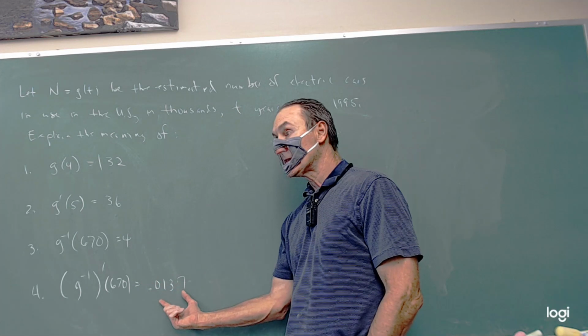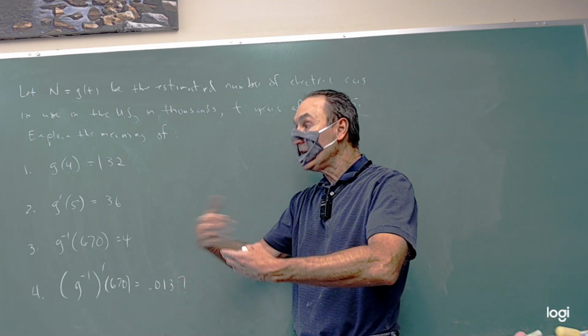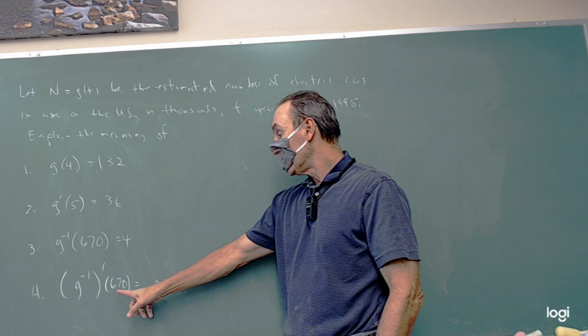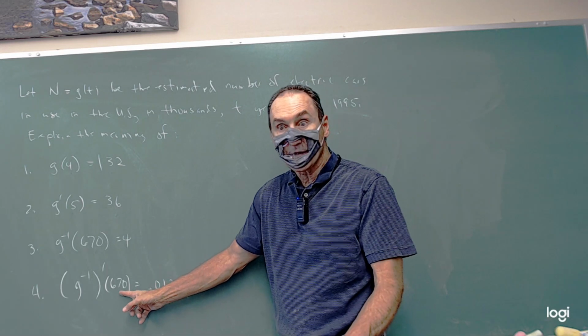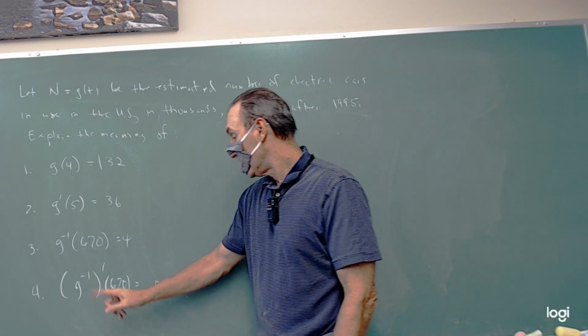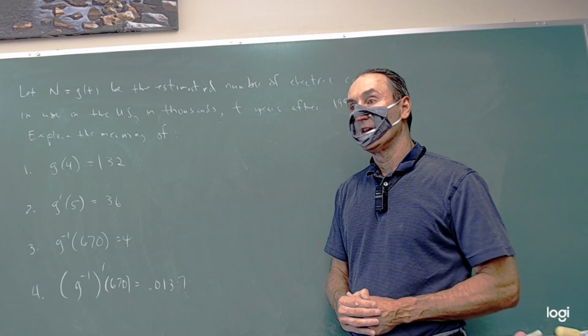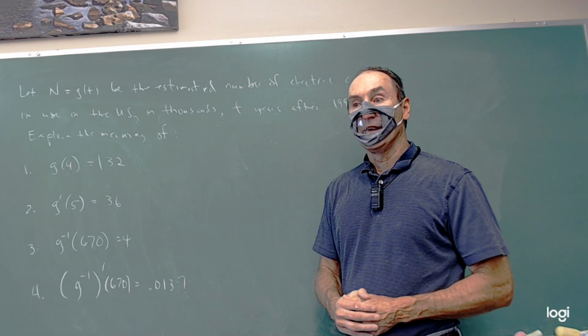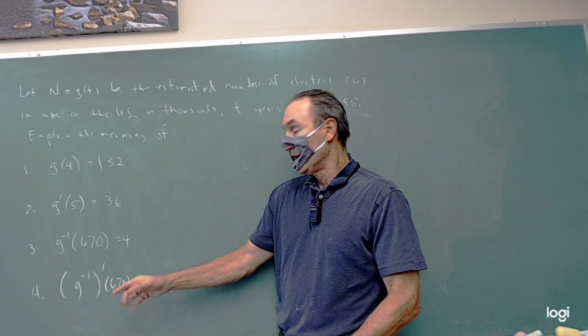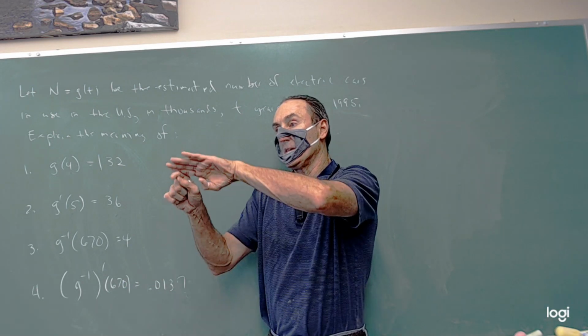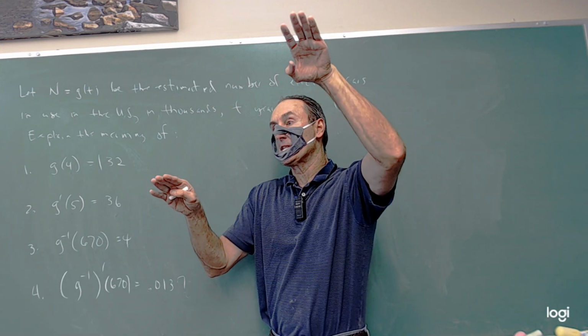So this is how many years it will take to get another electric car on the road when we reach 670,000 cars. It is complicated. It's like you're mapping the car growth, so you get to 670,000.